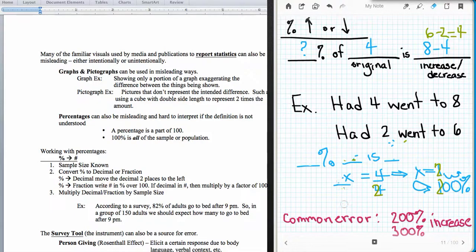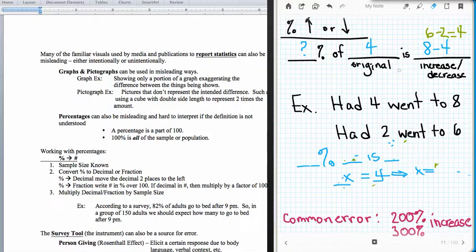Well, it actually isn't. And I'm going to show you how it actually isn't, and we're going to do this math problem here for ourselves and see what actually is happening. So if we have some percent of 4, and the increase or decrease is the difference between the original and what it went to. So 8 and 4. So we have an increase of 4.